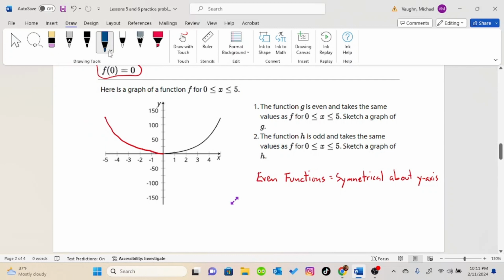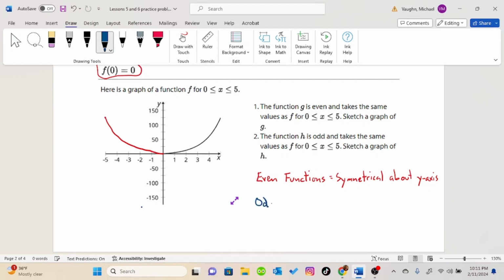It's symmetrical about the y-axis. Number 2, the function h is odd and takes the same values as f for x's between 0 and 5, both included. Sketch a graph of h.